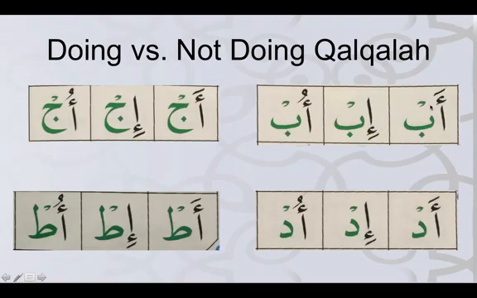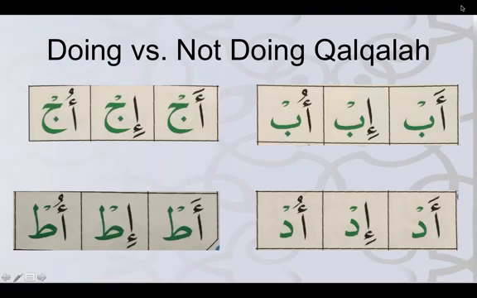This is hamza fatha and then a ba sukoon. So first I'm going to pronounce for you how it would sound if you sounded it correctly. There is going to be a slight bounce on the sound, and I want you to listen to how I pronounce the ba. This is hamza fatha ba sukoon, ab.